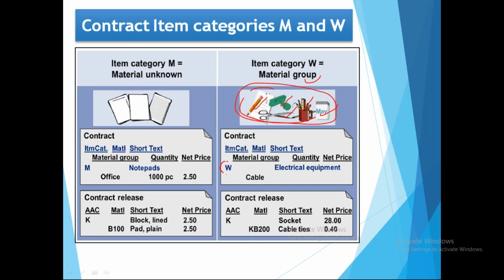So you create with item category W. Now when you are creating the actual contract release order, you can enter the exact material. That is also possible, provided all these materials belong to the same material group. So this is how you can create a contract with item categories M and W, material unknown or for a material group.